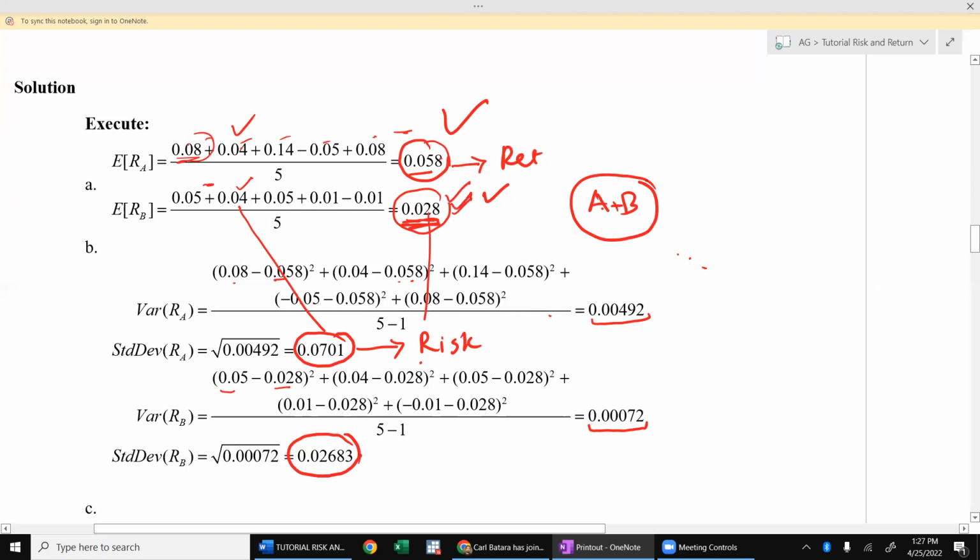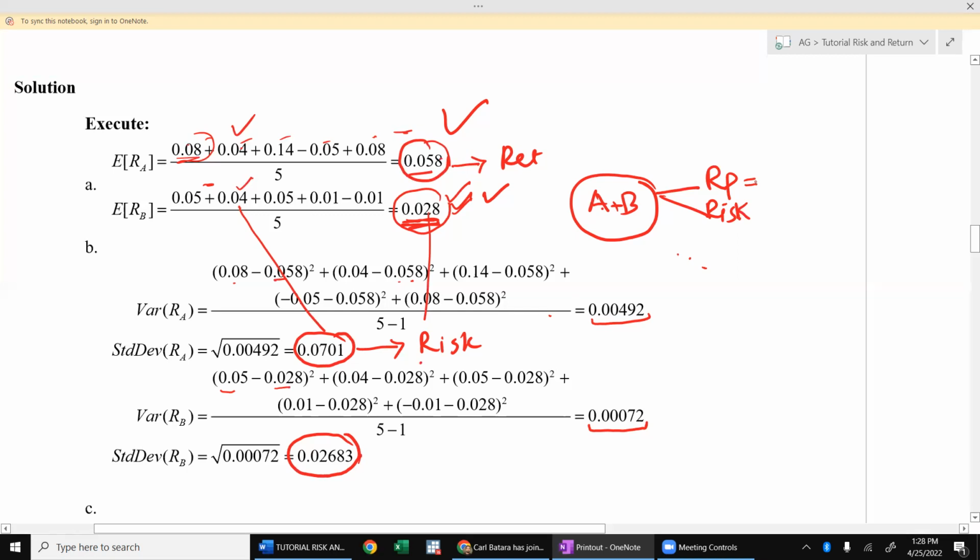But what if I make a portfolio of A and B? Similar to an individual stock, I can also calculate the return of the portfolio and the risk of the portfolio. Okay, so what do you expect about the return of the portfolio? Would it be higher than A, lower than B, or in between? What do you say?